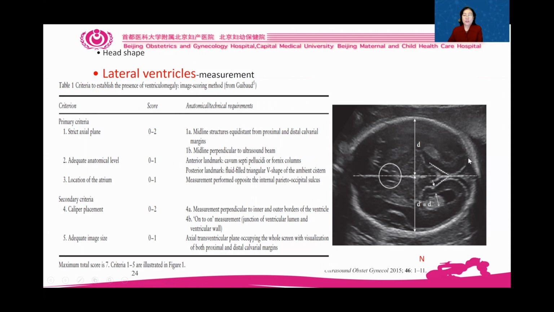The transventricular plane is axial, occupying the whole screen, visualizing both proximal and distal margins. Due to artifact in the near field of the image caused by reverberation from the proximal parietal bone, in the standard transventricular plane only a hemisphere and the lateral ventricle on the far side of the transducer are usually visualized clearly.